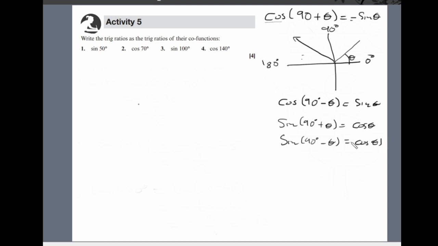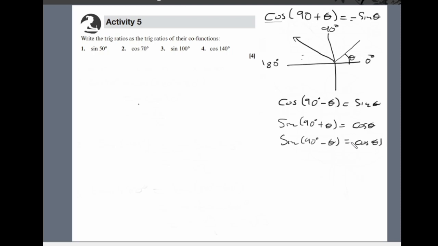If you want to test it, try your calculator and choose an angle. Let's say theta is 30 degrees. Then 90 plus 30 is equal to 120. If you say cos 120, that's minus 1 over 2.